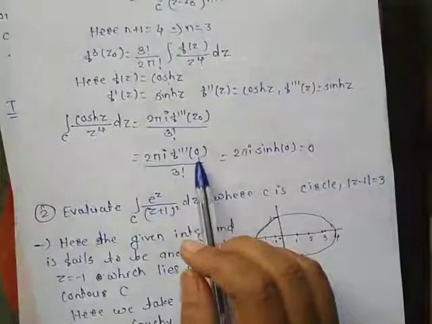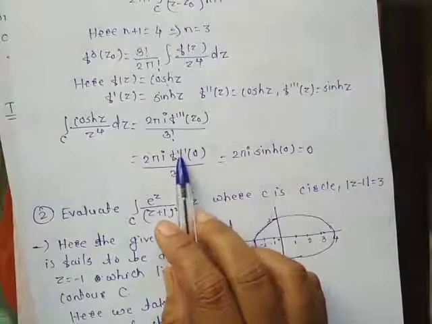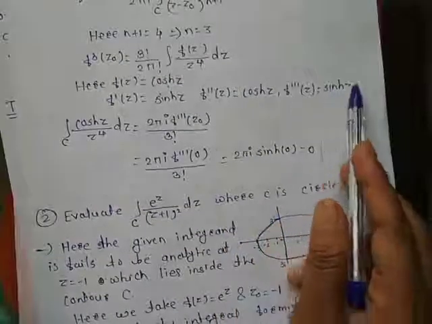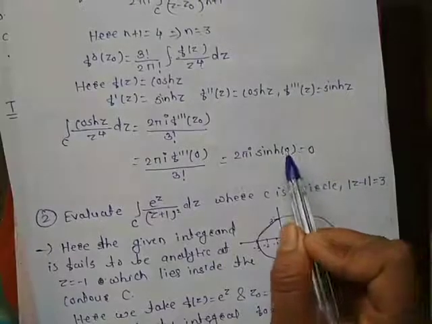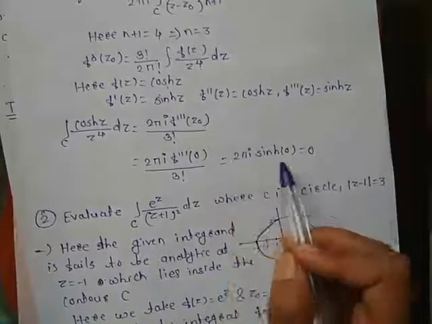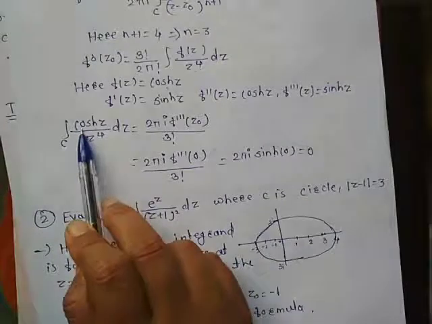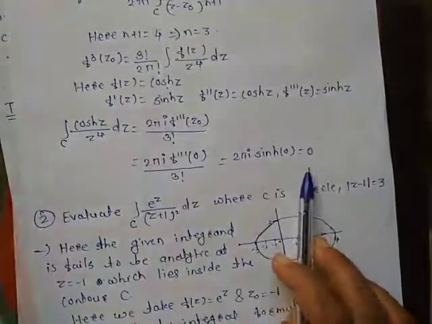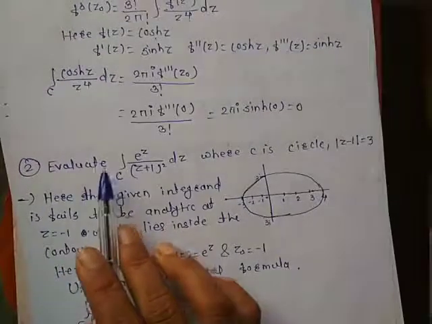Here z0 is 0, so it is the third derivative of the function f at 0. This is sinh z, so it is sinh 0. Sinh 0 is 0, so the total value is 0. So the integral over C of cosh z upon z raised to 4 dz equals 0.